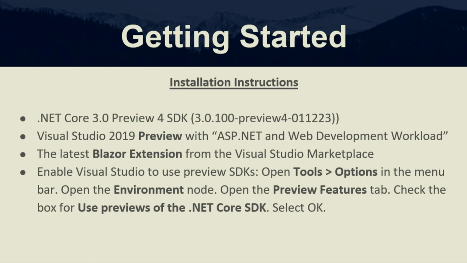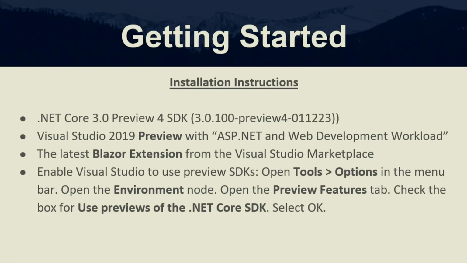Nope, doesn't work. You have to actually download and run the preview version of Visual Studio 2019 for it to work properly. I don't know what happened. Obviously, this was a mistake on their part, but that is something to pay attention to if you want to play with Blazor. There's also a Blazor extension in the Visual Studio Marketplace that you have to download as well. So it's 3 different components that you need to get started.